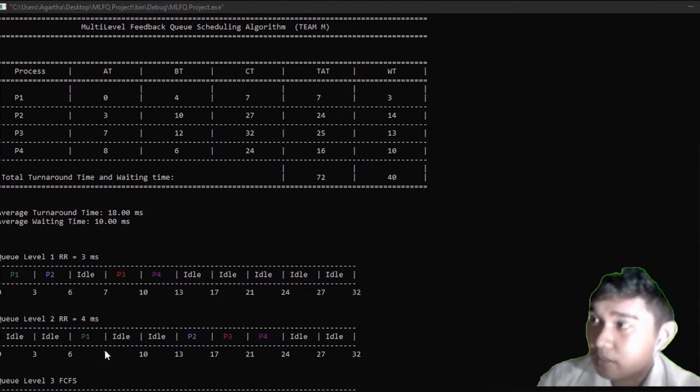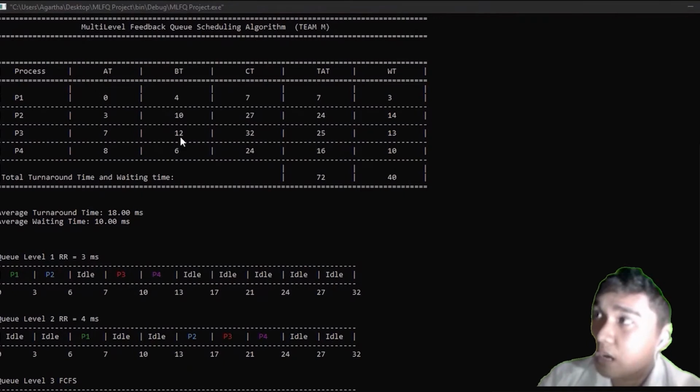At time 7, the process P3 was ready to execute in queue level 1. Since queue level 1 is the highest priority, P3 was processed. At time 7, P3 was executed and ended at time 10.